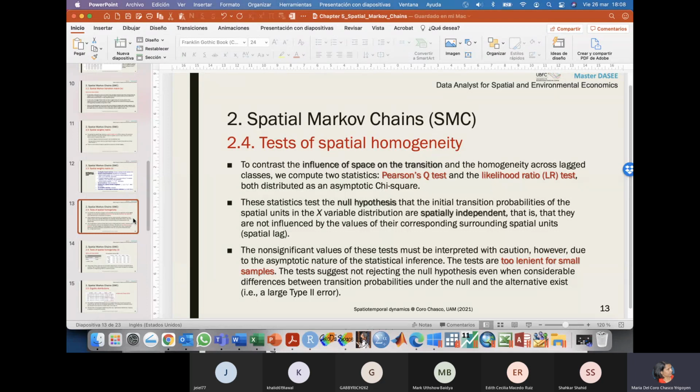So we have for this test a Pearson's Q test and the likelihood ratio test. As far as I know, these tests are presented in the Bickenbach and Bode paper. I referred to this paper the other day. They had this test on homogeneity, but time homogeneity, to analyze if you had some kind of structural change between two subperiods.